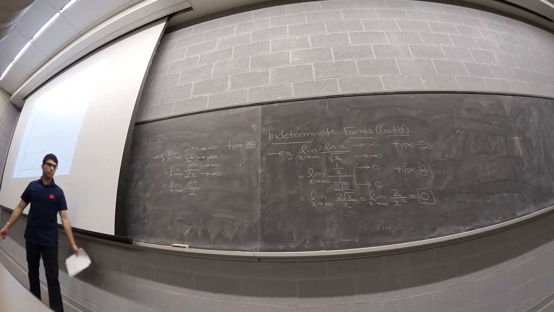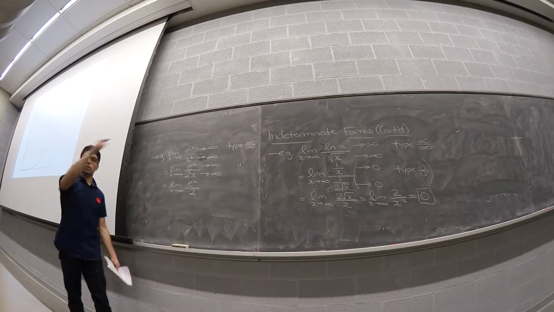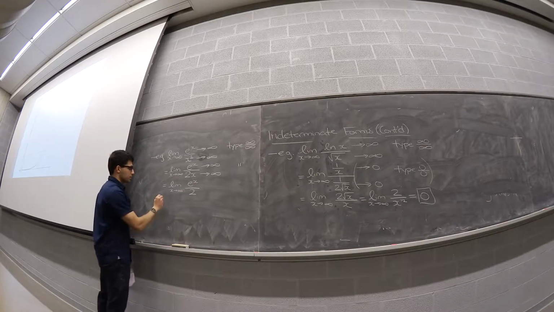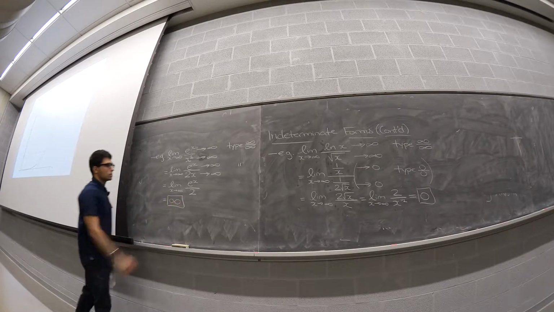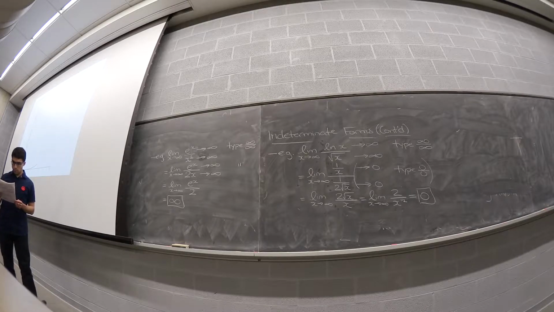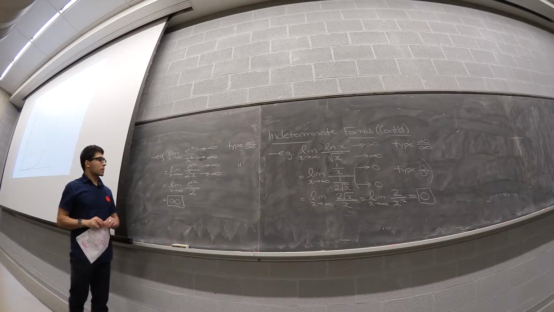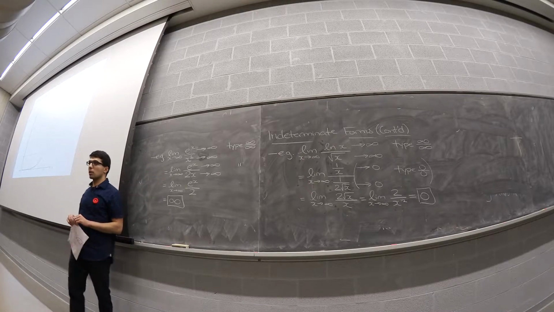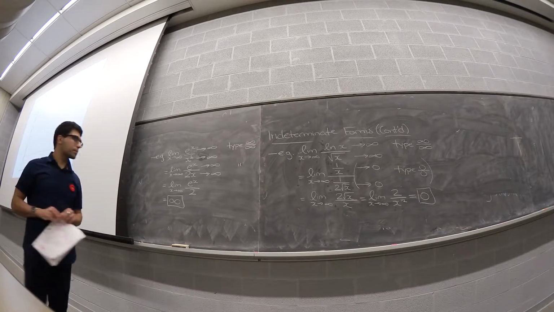There we go, life's good. We know that that guy grows without bound as we go that way. And there's our answer. One of the lessons here is that you can use L'Hopital's rule multiple times. But if you find yourself using it 10, 12 times and you're not getting anywhere, maybe try something else.